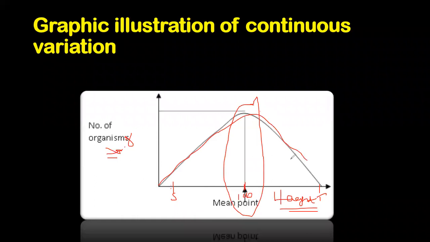And the same applies to other factors such as intelligence. If I'm to plot your marks, I'll get such a curve where I'll get very few people with 0%, or 0.5% and stuff like that. And I'll get very few people with 80%, 90%.